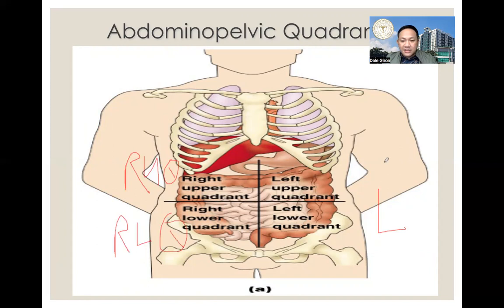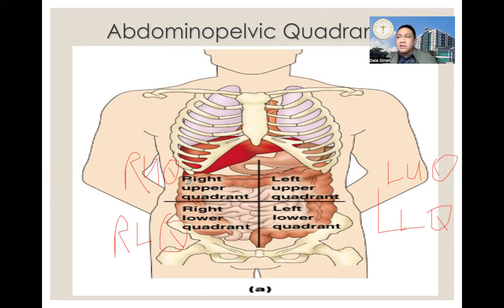Kabilang side naman is the left upper quadrant. Sa babang side is the left lower quadrant. Ganyan kadali ang mga organs. Kaya if I will be describing where can you find the appendix, right lower quadrant, where can you find the liver, right upper quadrant. So you'll just have to do the 4 quadrants in describing it.